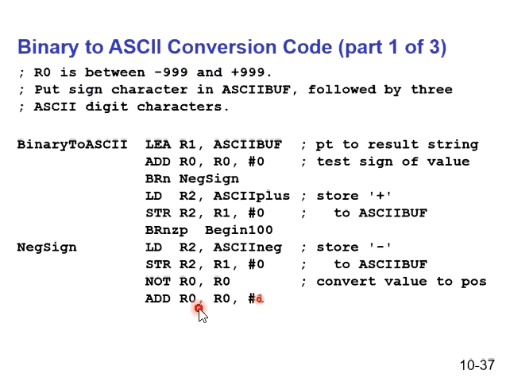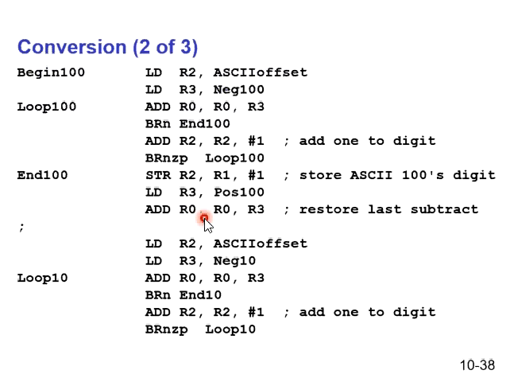So we do the two's complement operation with NOT and add 1. But when we don't go to the negative side, we have a positive side, so over here we write the plus sign to the ASCII box.